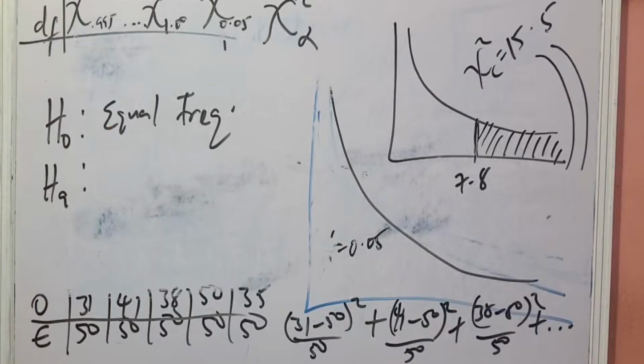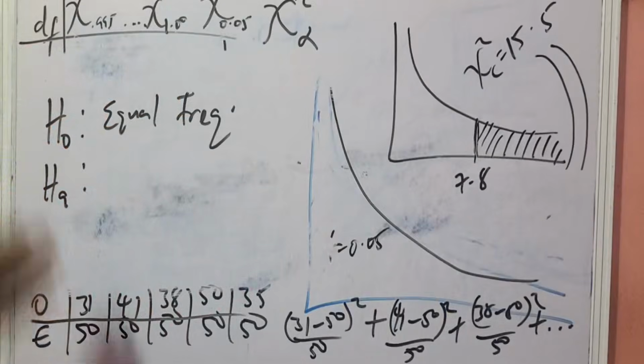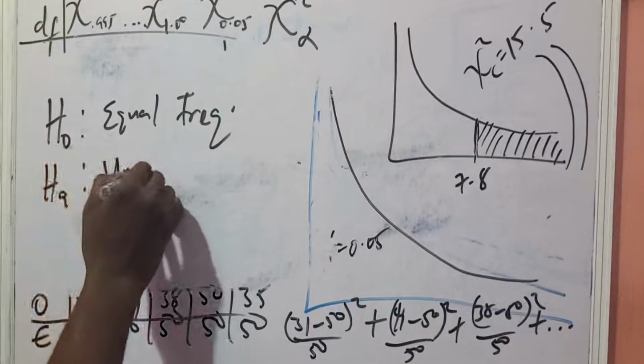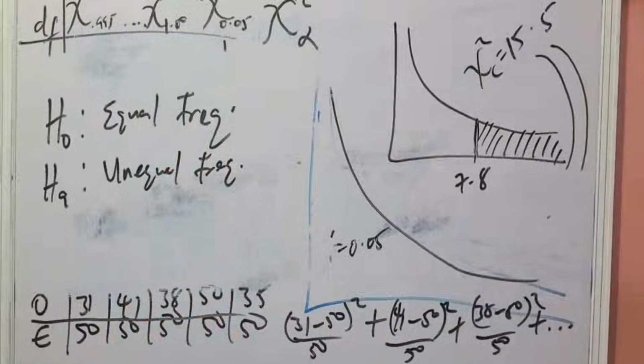So what we observed did fit what we expected, equal frequencies. The alternative will obviously be unequal frequencies. That means it wasn't the case. It did not fit. Unequal frequency, that's just the way you have to translate your null and alternative hypothesis.